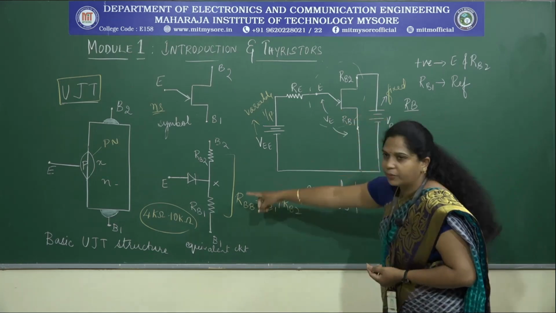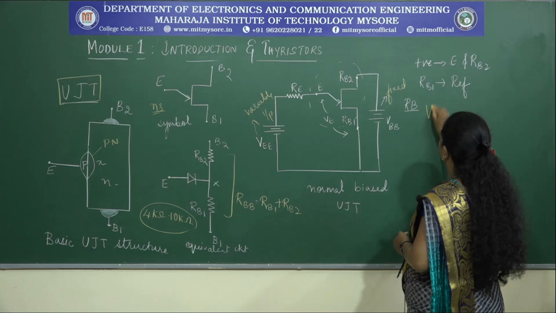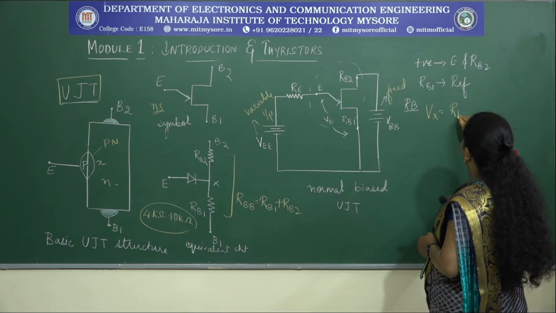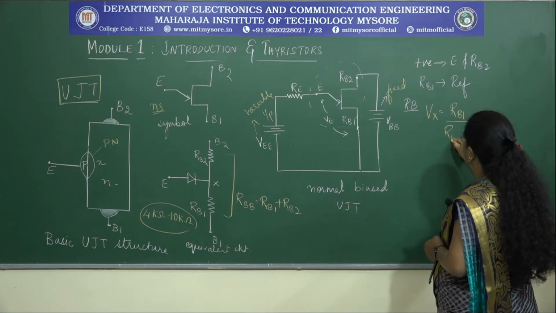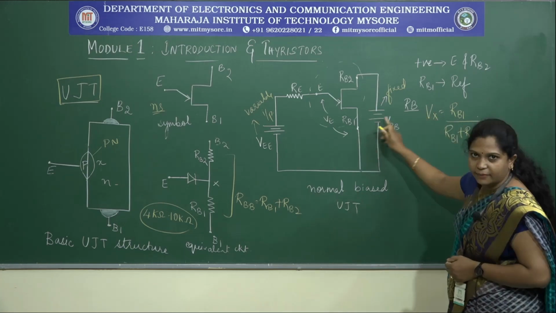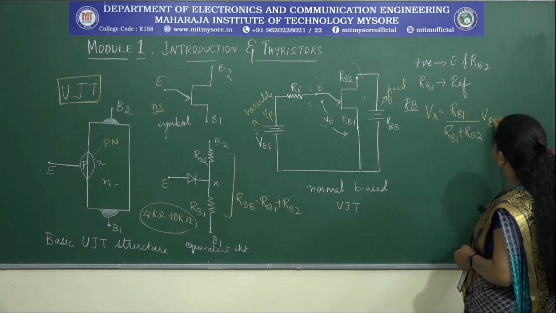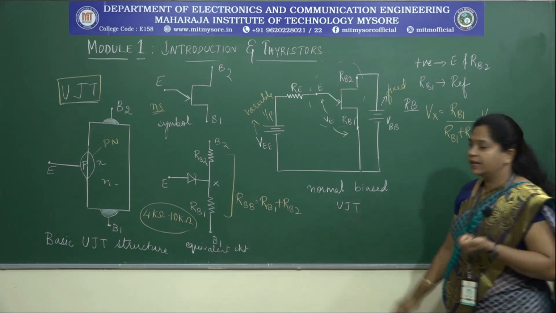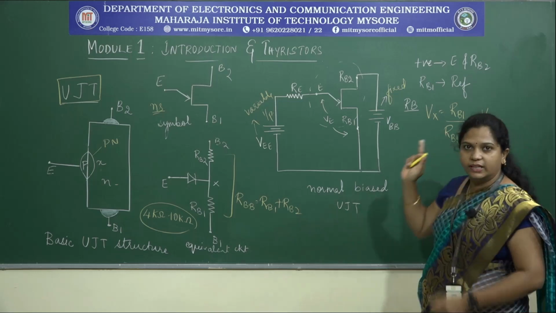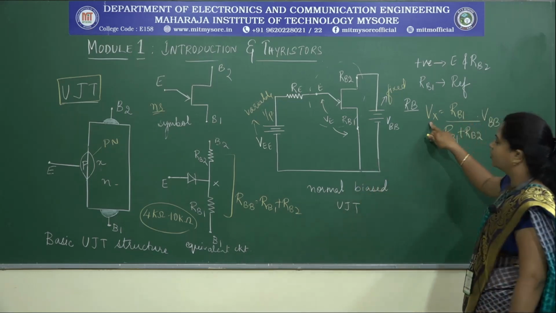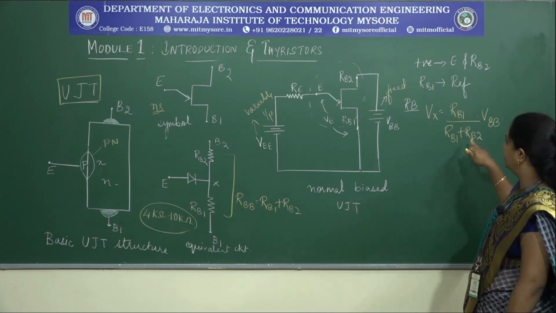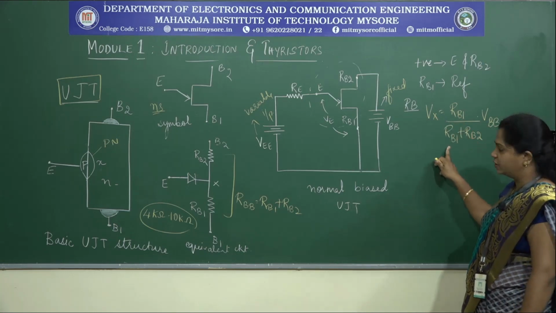At the point X, the voltage Vx is equal to RB1 divided by RB1 plus RB2, into the applied voltage VBB. So when the emitter diode is reverse biased, it acts as a voltage divider circuit.